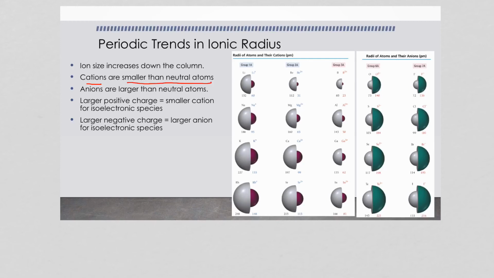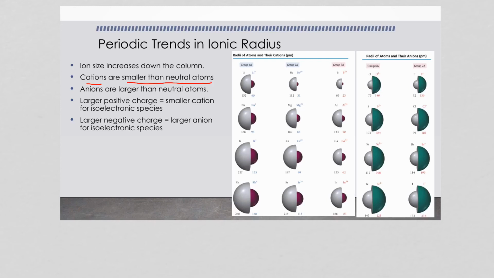Okay, so what about if you look at trends going up and down? So we'll look at positive ions first. And the basic idea is that the trend is essentially the same as what we see in the neutral atoms. So as you go across, the positive ions get smaller and smaller. So as you go from lithium to beryllium 2+ to boron 3+, that gets smaller and smaller.